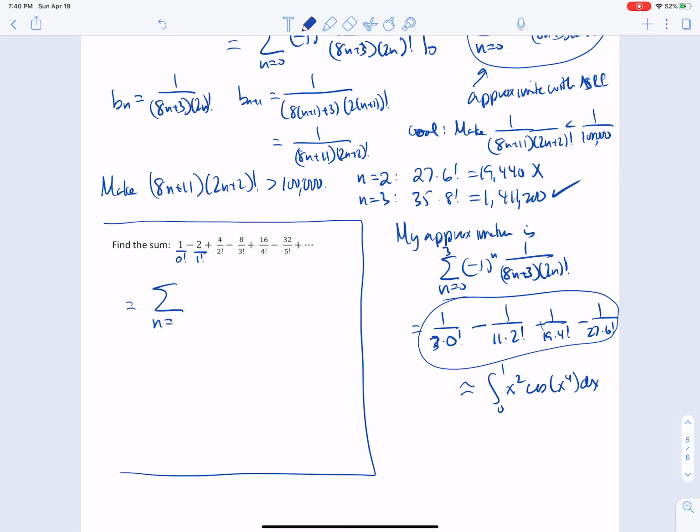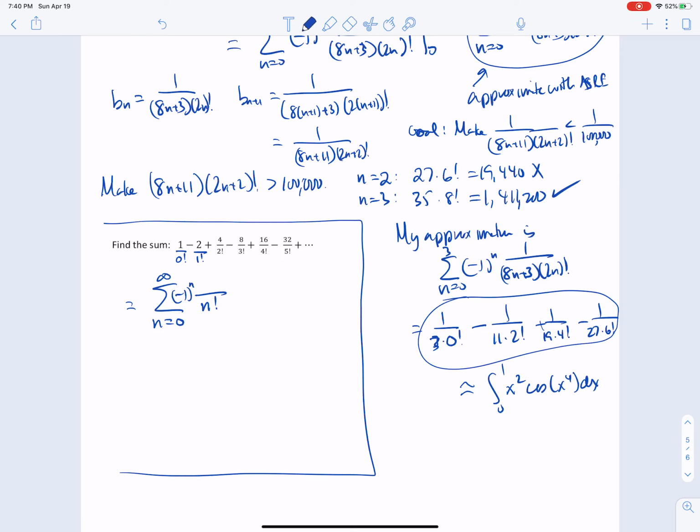So hopefully I can see that, let me write this as an n. Summation n equals 0 to infinity. The bottom is just going to be n factorial. And hopefully I can recognize that I've got an alternating sum here, minus 1 to the n.